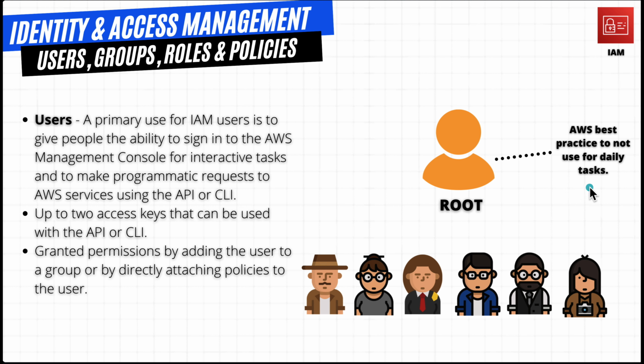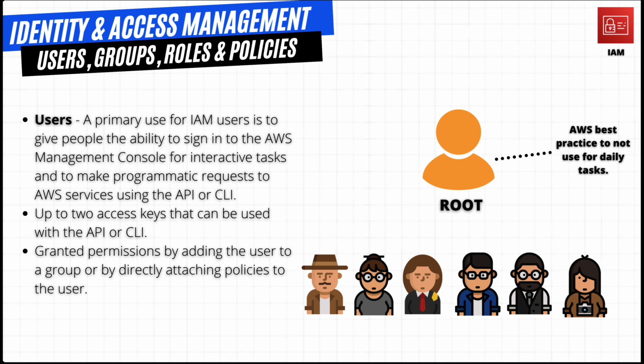And that is because it has full permissions over your account. Another best practice is to enable MFA, or multi-factor authentication, on your IAM user accounts. Each IAM user account will get an ARN, or Amazon Resource Name, which will be made up of the user's name and the account number.